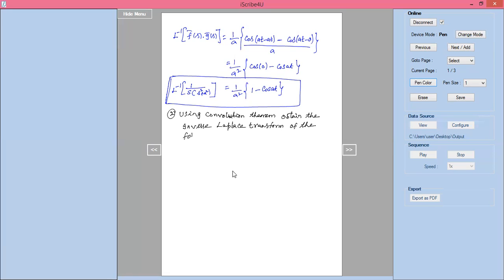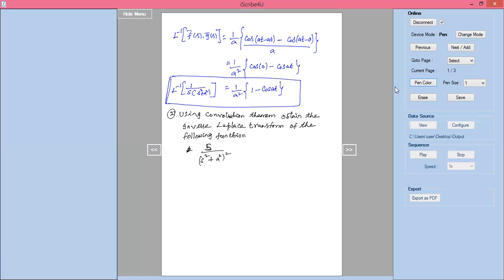The following function is L inverse of s divided by s square plus a square whole square. How do you simplify this?